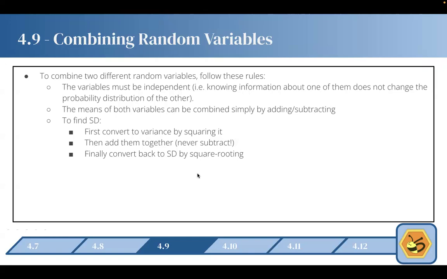The first thing we need to do is convert it to the variance. This is why I made a point to mention the variance, because we need to know what that is. To get the variance, we square the standard deviation, because remember the standard deviation is the variance under a square root. To cancel that out and get back to variance, we square the standard deviation.